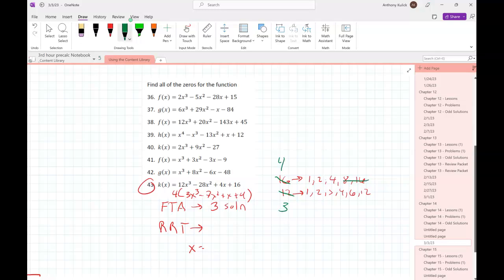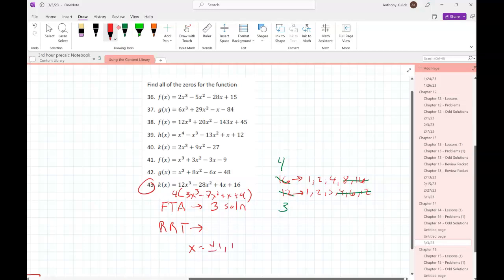So like those guys go and those guys go, and that's a much nicer list. So I have 1 over 1, 2 over 1, and then 4 over 1. I have 1 over 2. I have 2 over 2, but I'm not going to list 2 over 2 because I already have that listed, because 2 over 2 is just 1.